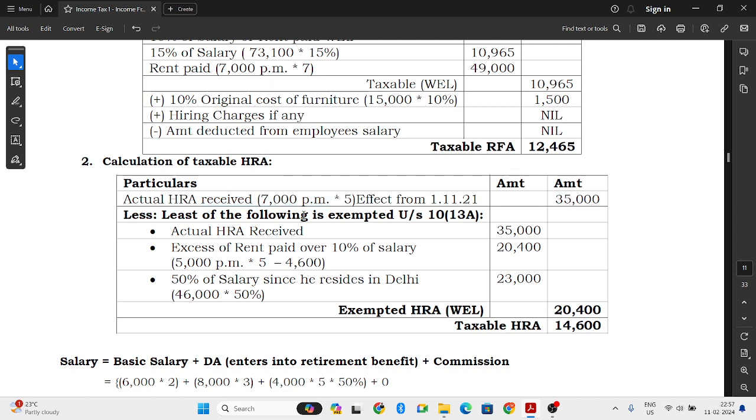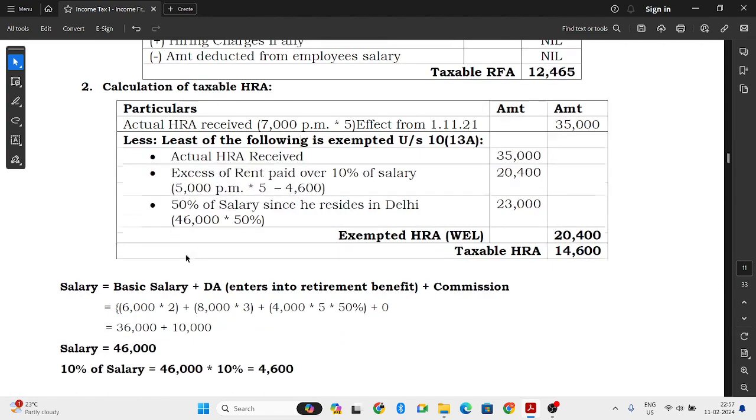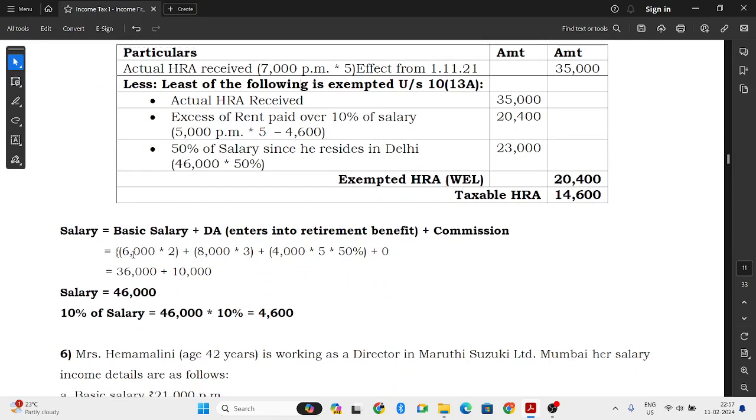So least of the following is exempted. Three exemptions you have. Actual HRA received, that is 35,000. Next, we have to find out the excess of rent paid over 10% of salary. So we have to consider basic salary, that is 6,000 per month into 2, plus 8,000 into 3. How this came: from November he's been given house rent allowance.